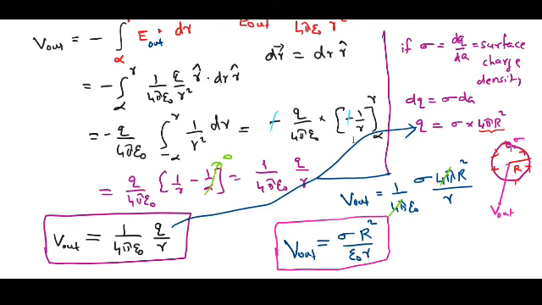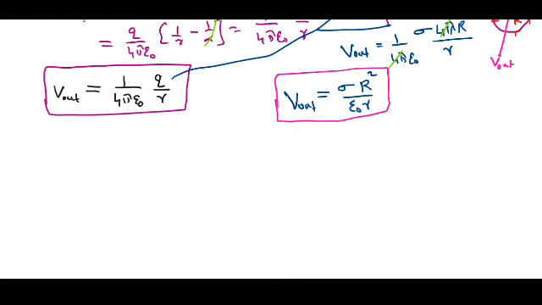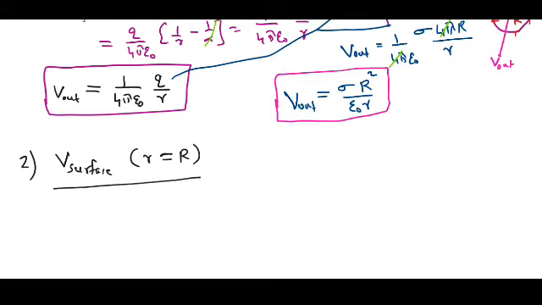Now we need to calculate the electric potential on the surface. This is the second one: electric potential at the surface. Surface means r is equal to R. How do we calculate the electric potential at the surface? We have already derived the electric potential outside, at a distance r.